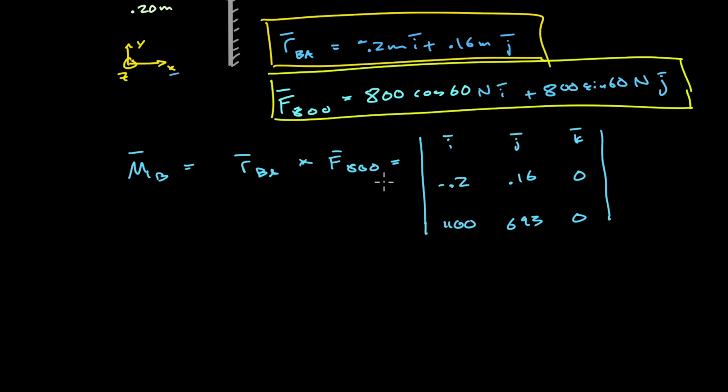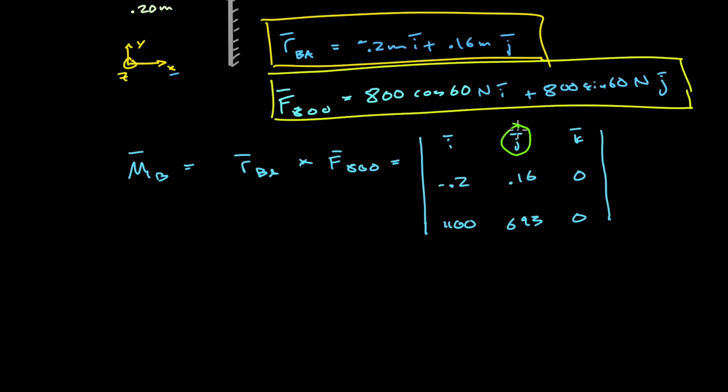Okay, so we just need to take the determinant of this 3 by 3 matrix. There's a couple of methods that I outlined in class for how to do this. Probably the easiest way is the cross out row and column method. What that entails is you pick one of these. We'll pick the first unit vector I, cross out that corresponding row and column, and then multiply that by the determinant of this 2 by 2 matrix here.